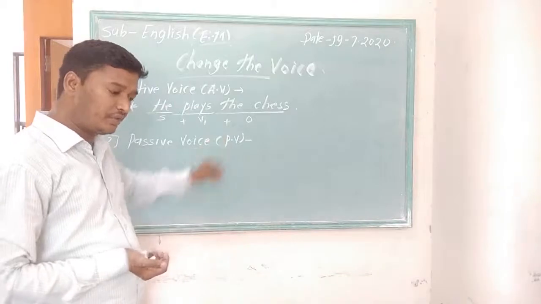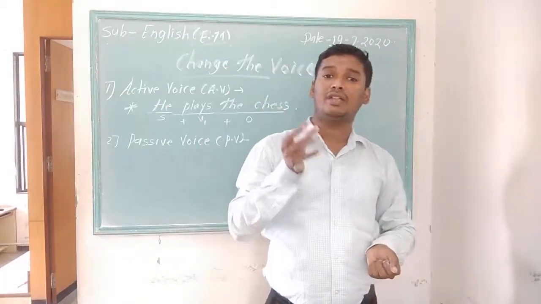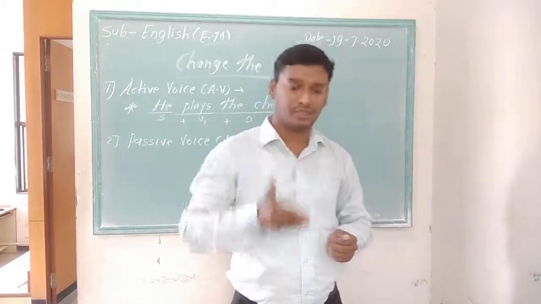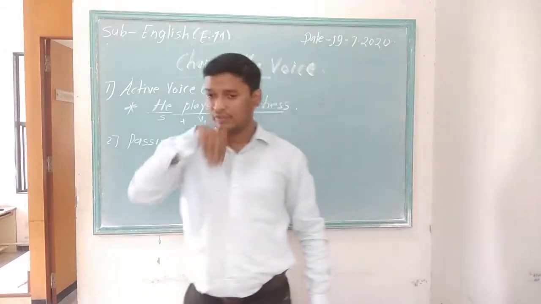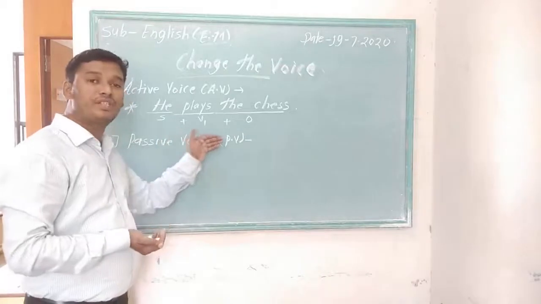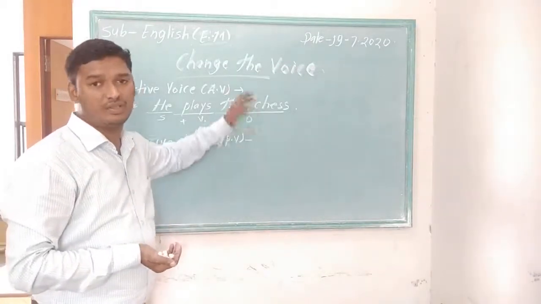Look, in passive voice, rather than the doer of the action, the action is very important. If the action has been focused in the given sentence, then that is passive voice. It means this passive voice sentence is started with the object of the active voice.